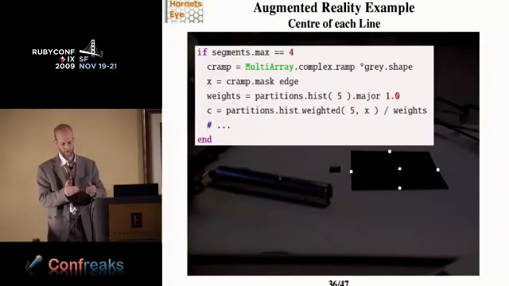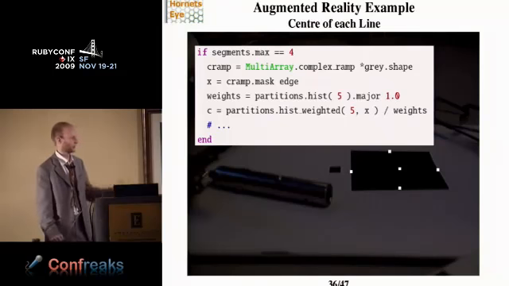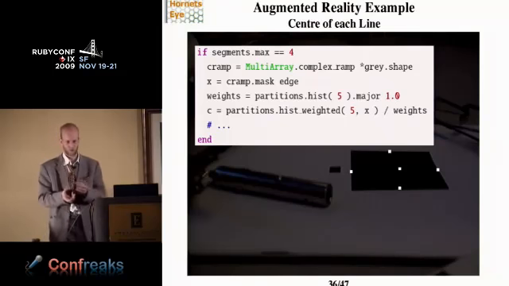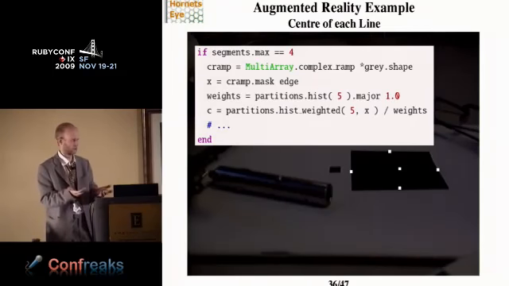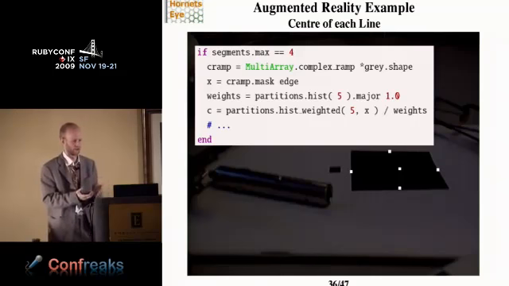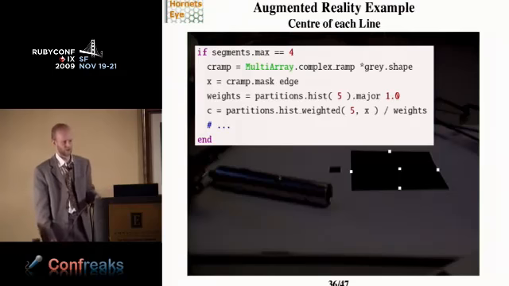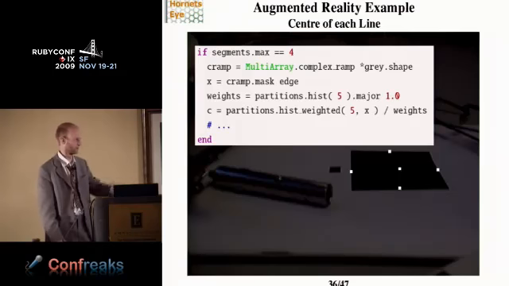This will give me an array with the size of each line, the number of pixels of each line. And then I create a weighted histogram where I use the coordinates as weights. And if I divide this by the number of pixels each line has, I will end up with the center of gravity of each line. I also will get the center of gravity of the unclassified pixels, but I will ignore that later.